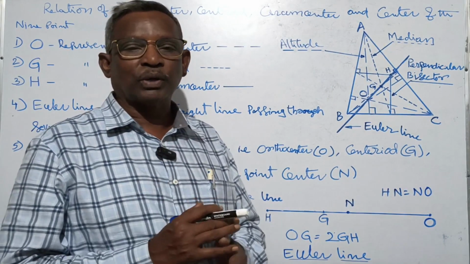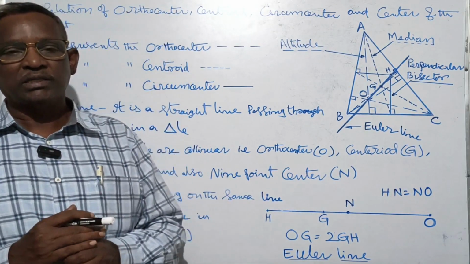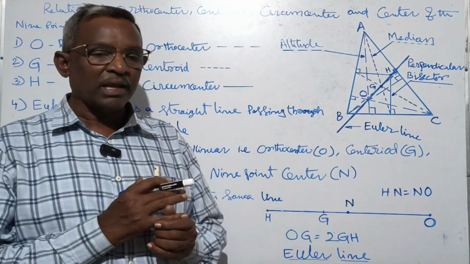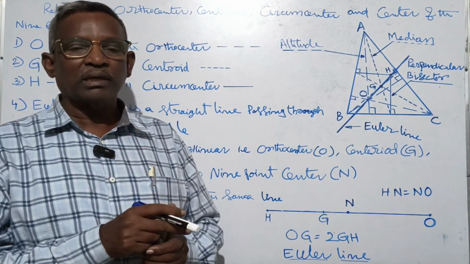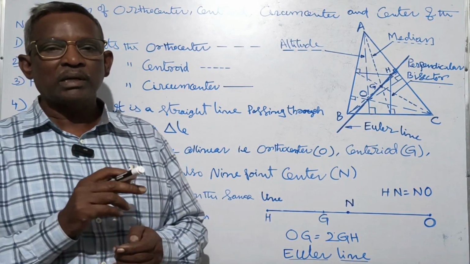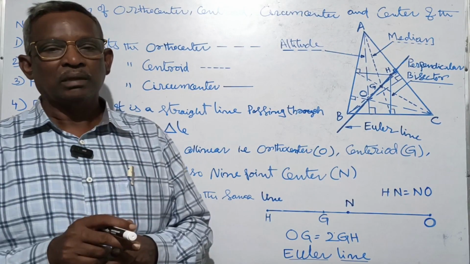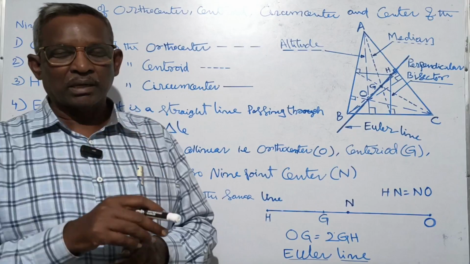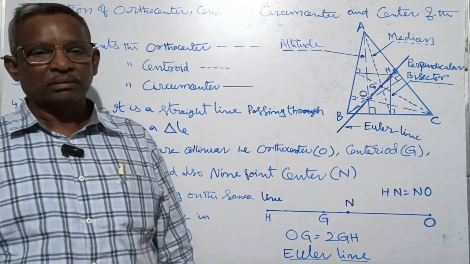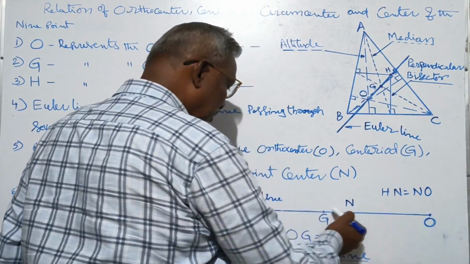The best example of coincident points is the equilateral triangle: the orthocenter, centroid, incenter and circumcenter are all coincident. This is the Euler line.